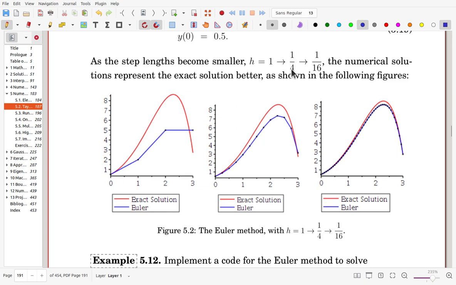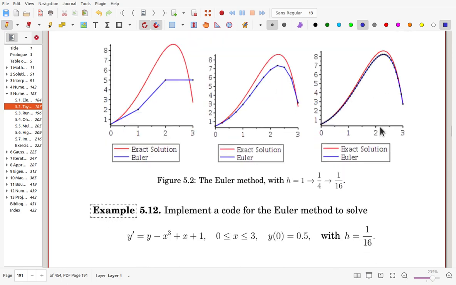Once h becomes 1/4, the tendency is the same, slower increasing, and when it goes down, it goes down slowly, but the error becomes smaller. And once h is 1/16, again the same tendency with a smaller error. That's the property of the Euler method.